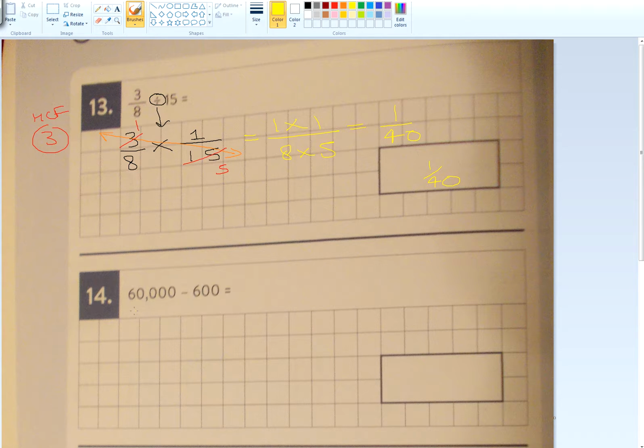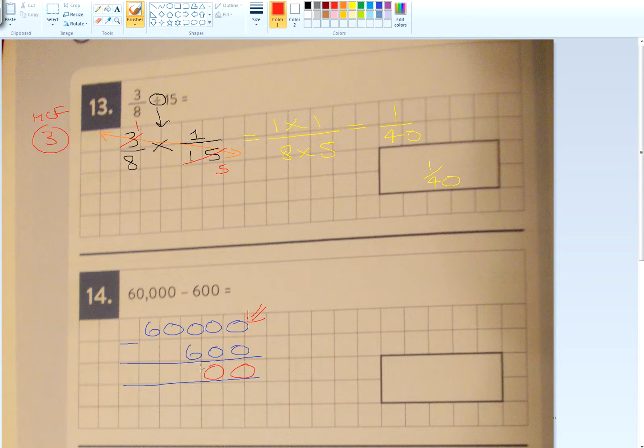Next question. You have 60,000 minus... Well, you could do this in your head if you wanted to, or you could just do it this way. Nothing take away nothing is nothing.